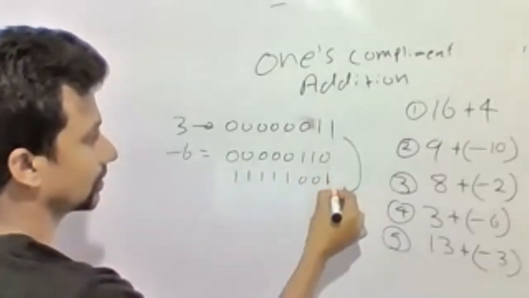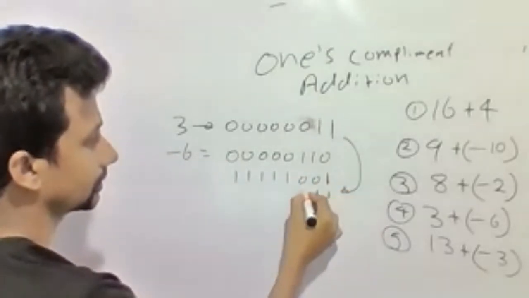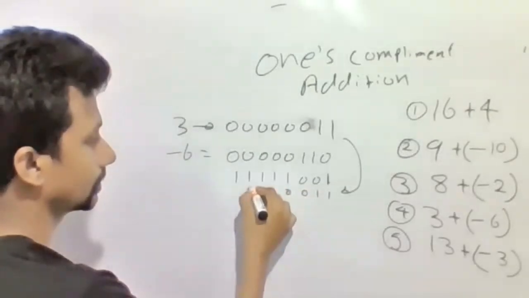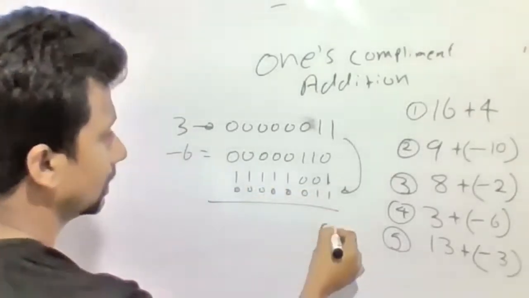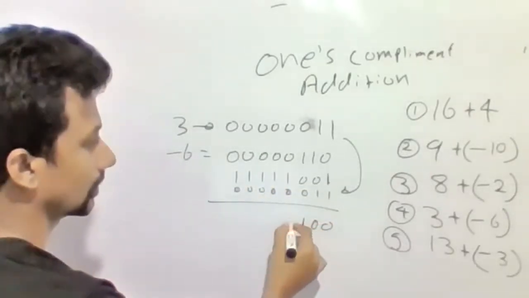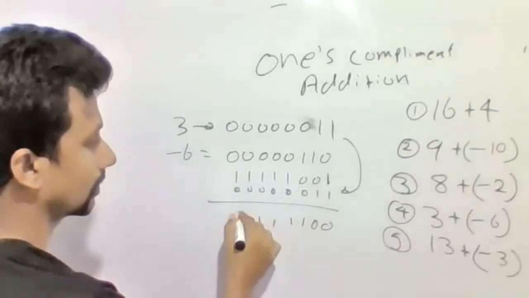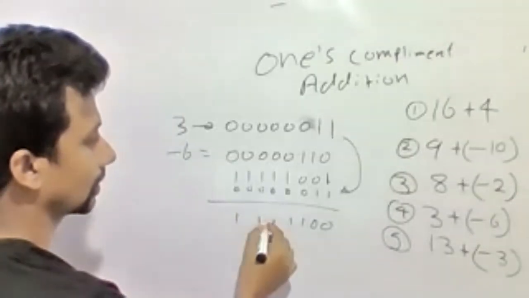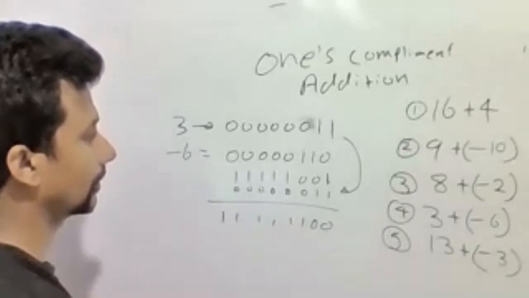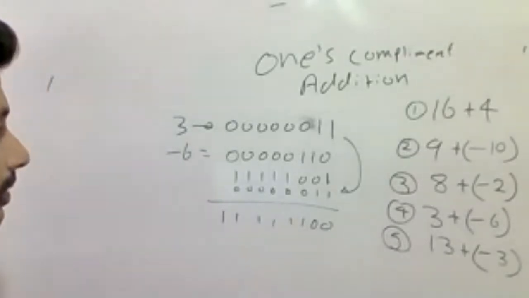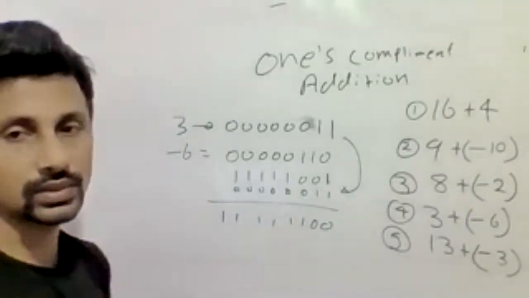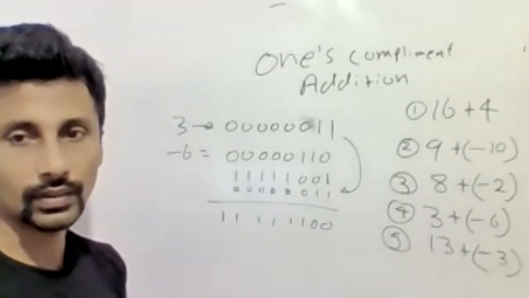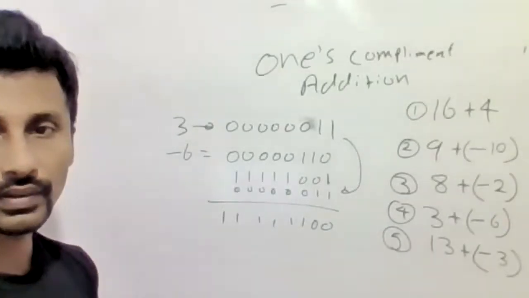And I am taking this one here. Add them together. Right? So this is your answer: 6 ones and 2 zeros. Yeah, that one also you have done properly.